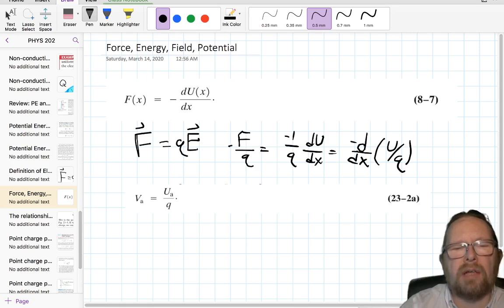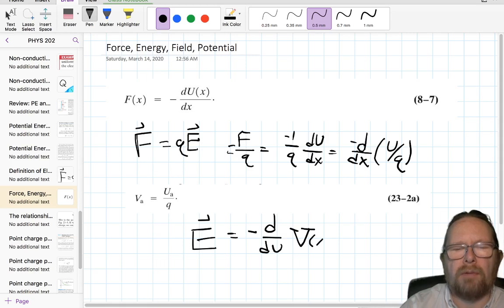So if this is the electric field, we can write that the electric field is equal to, at least in one dimension, the negative spatial derivative of the potential. And the potential can be a function of x in one dimension, so this should be d/dx.